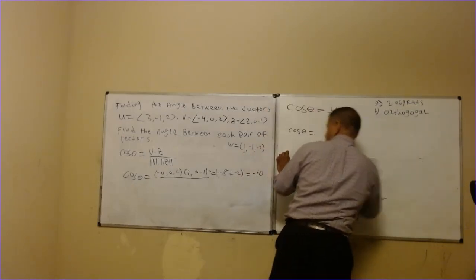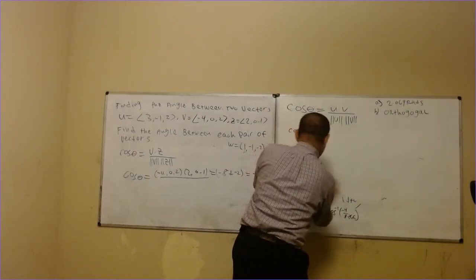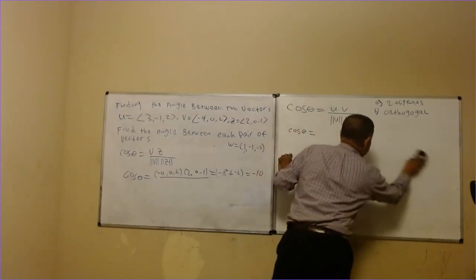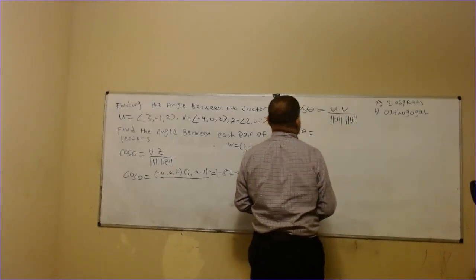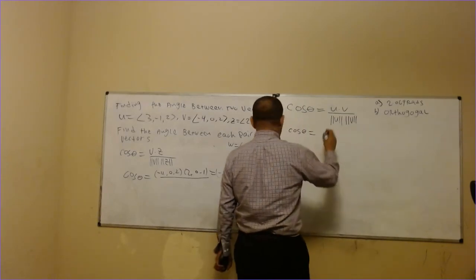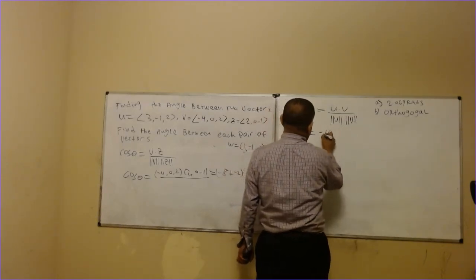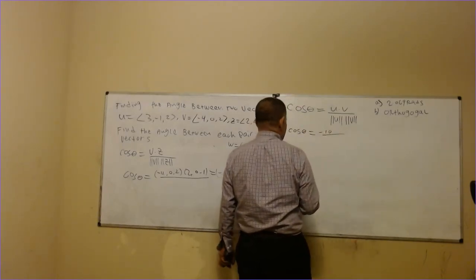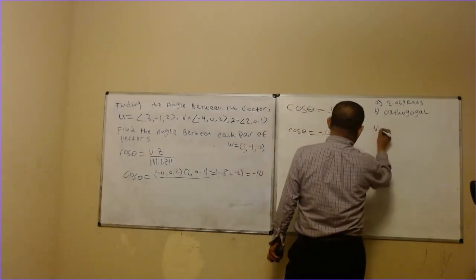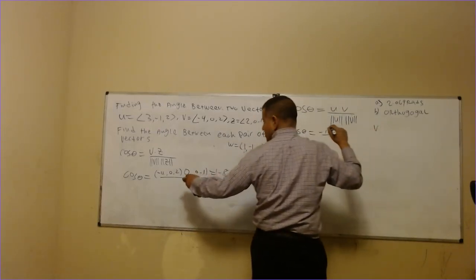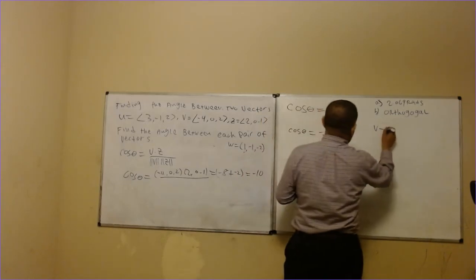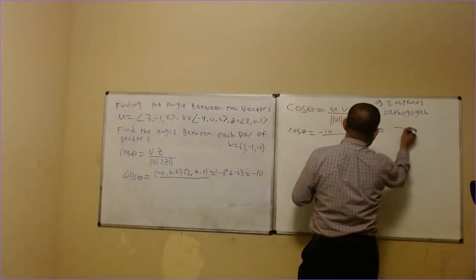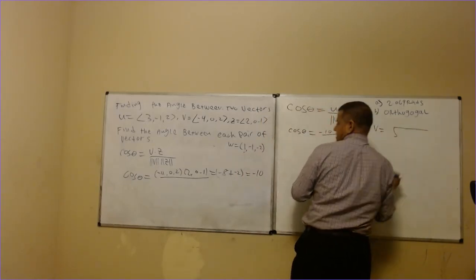Okay, so here I know there's negative 10 at the bottom. Let me just do this separately again. I have to do V, so the square root of that is going to be what?